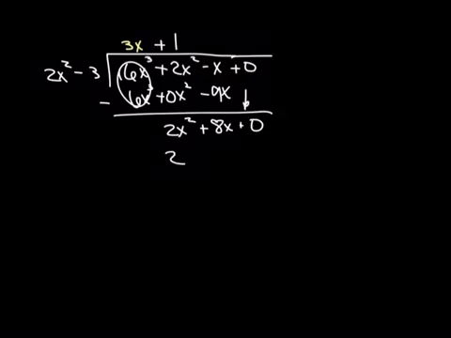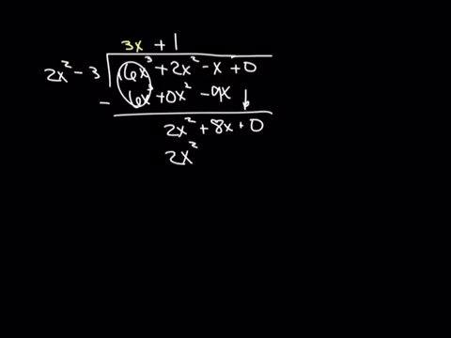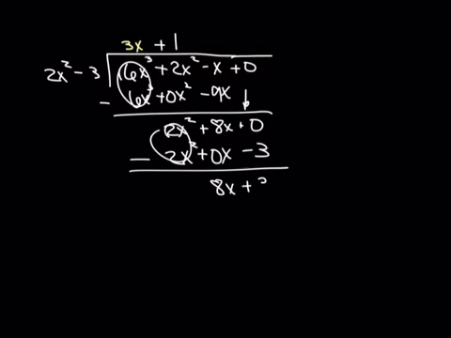1 times 2x squared. 1 times negative 3. And again, you can add a 0x here if you need to. So these go away. 8 minus 0 is 8x. 0 minus negative 3 is 0 plus 3. And I get that. Since there isn't anything over here left, I know I'm done.